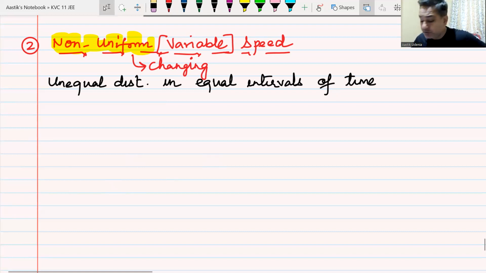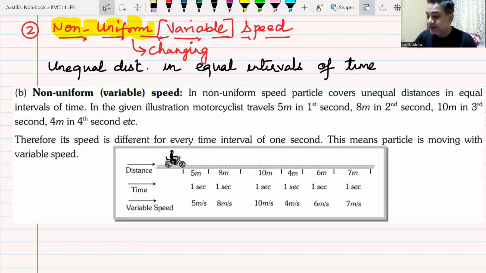Of non-uniform speed. As you can see, again, the same cyclist. Intervals of time is same, 1 second each. As you can see now, first 1 second, 5, then 8, then 10, then 4, then 6, then 7.